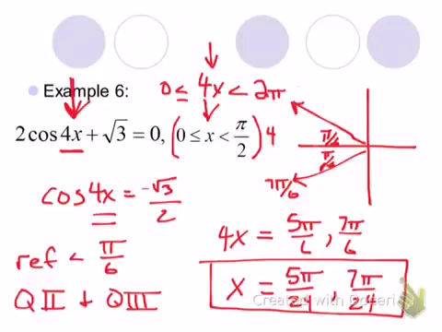And that's all the answers because we're only allowed to go 0 to 2 pi for 4x. And these two answers, we need to double check and make sure that they're in the interval that we started with. And they will be because we just divided by 4 to get back to where we were.